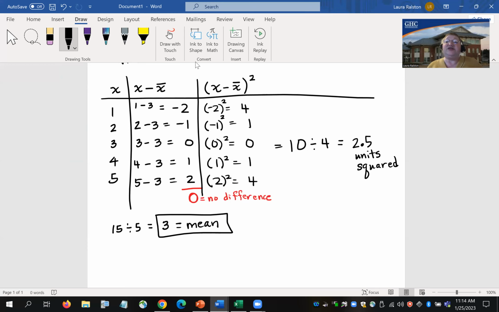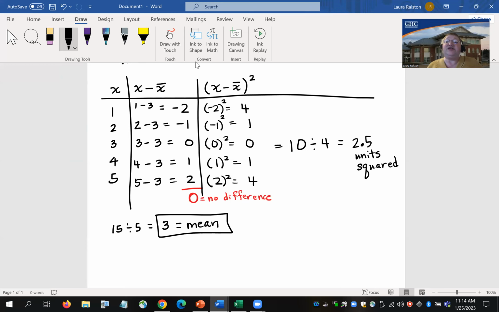So let's talk about the z-score, or it's sometimes referred to as the standard score. Basically, what a z-score does is it lets you compare data values from different data sets that are on different scales.